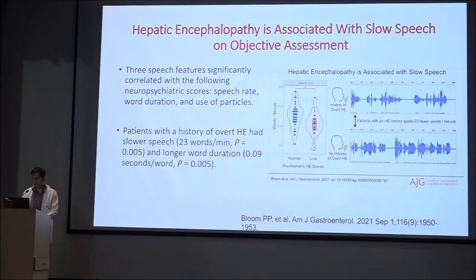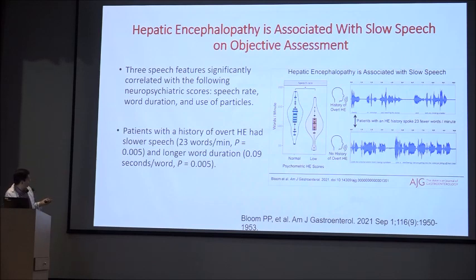And then there was some work which was published in American Journal of Gastroenterology, where they looked at the slow speech, and they looked at patients who had hepatic encephalopathy, and they found out that speech rate, the word duration, and the use of certain words were much more common in patients who eventually developed hepatic encephalopathy.